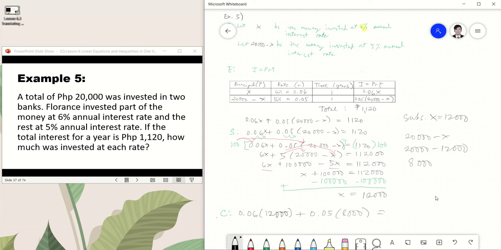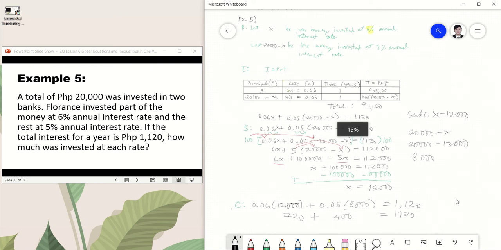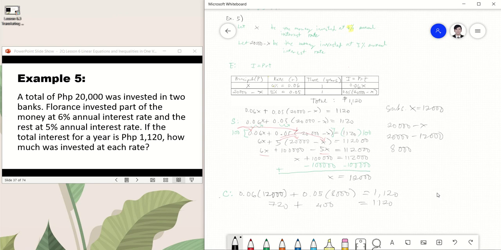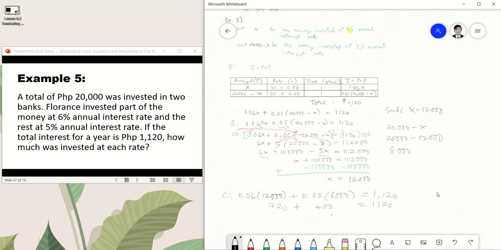And then, expected na yung sum would be 1,120. So, 0.06 times 12,000, that's 720. 0.05 times 8,000, that's 400. Which is equal already.